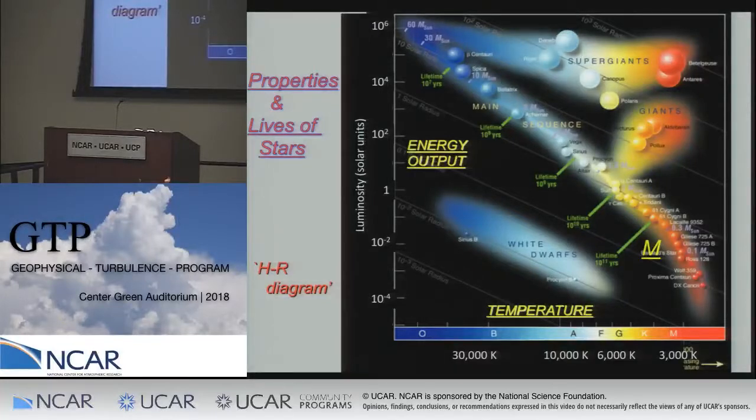Many of you know it, but if we talk about some of the guiding principles of stars, the HR diagram, the Hertzsprung-Russell diagram, comes into play. If we ask where most of the stars lie, they lie on basically the main street, the main sequence.